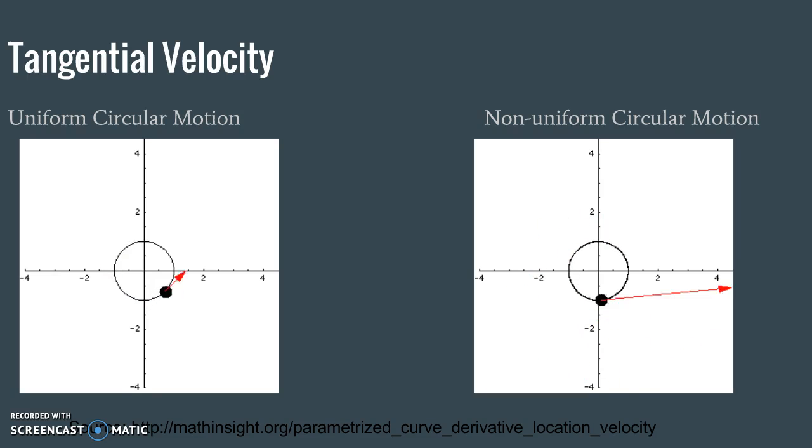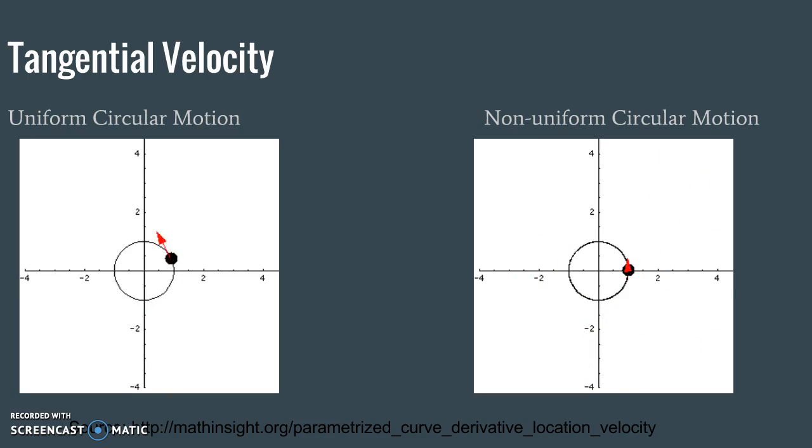This vector does not change length, so remember we draw vectors as arrows. If the vector does not change length, it means that the vector has the same magnitude. In this case, because we're dealing with velocity, the magnitude of velocity is speed, so this object is moving at the same speed around the circle. And so this is uniform circular motion.